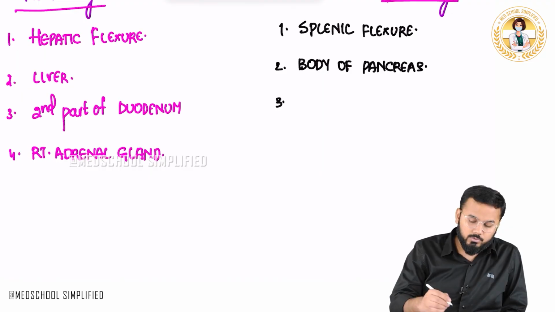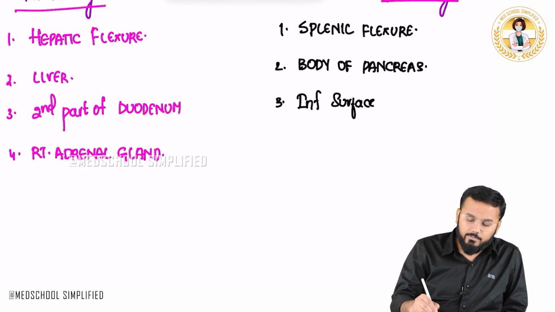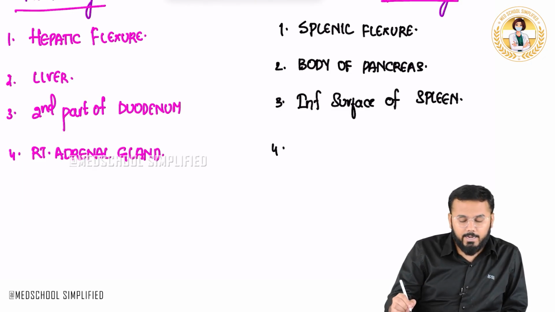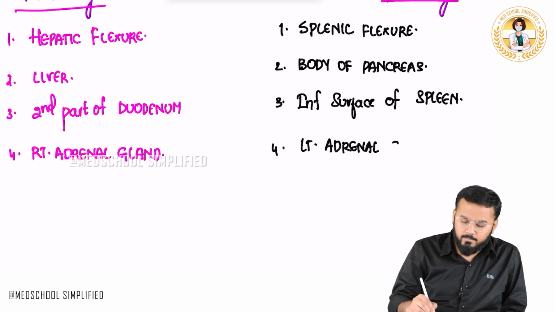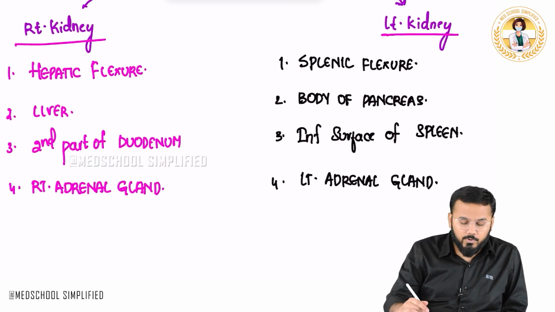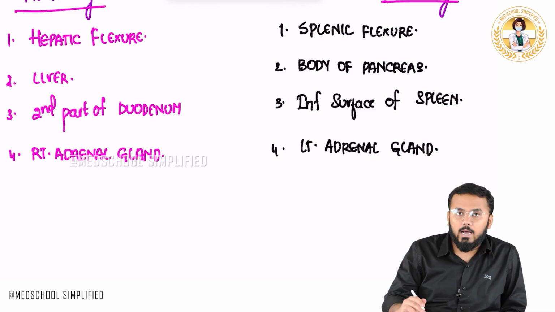So just remember, the inferior surface of the spleen, not the liver, of the spleen. And obviously when there is a right adrenal gland, there should also be a left adrenal gland.